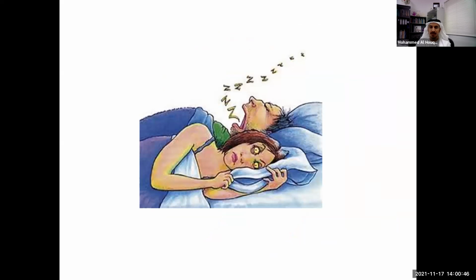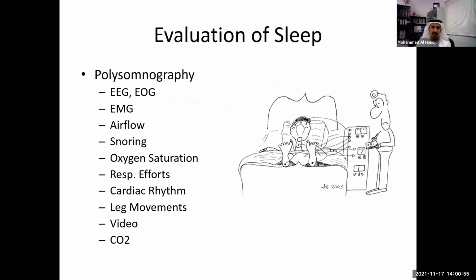Now, once we have someone with all the risk factors, all the signs and symptoms of obstructive sleep apnea, next we're talking about how we confirm the diagnosis.